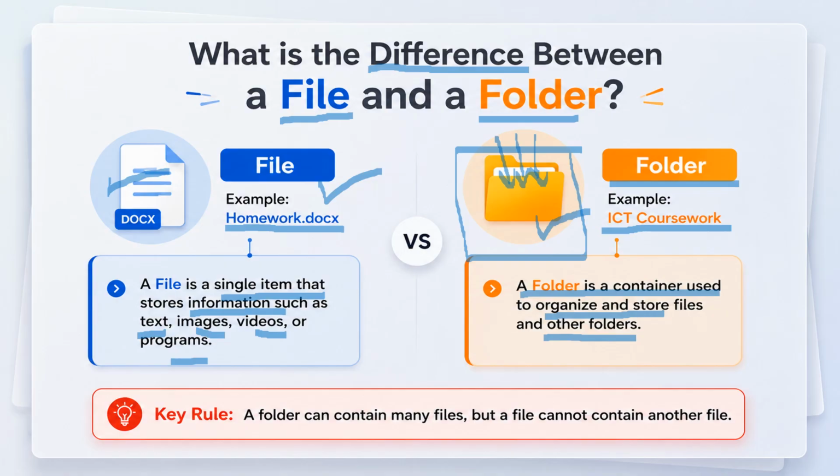Now let's focus on the key rule at the bottom of the slide. A folder can contain many files, but a file cannot contain another file. This is a very important point, so make sure you remember it.